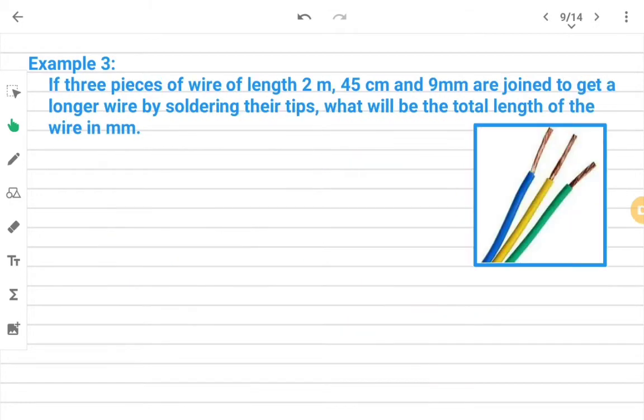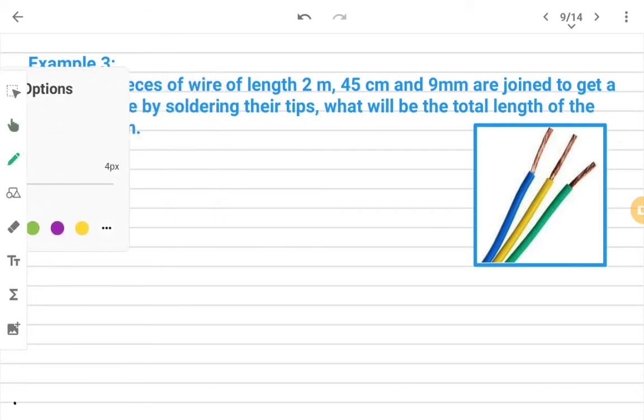Yes. And now we are moving on to example 3. If 3 pieces of wire of length 2 meter, 45 centimeter and 9 millimeter are joined to get a longer wire by soldering their tips, what will be the total length of wire in millimeter?